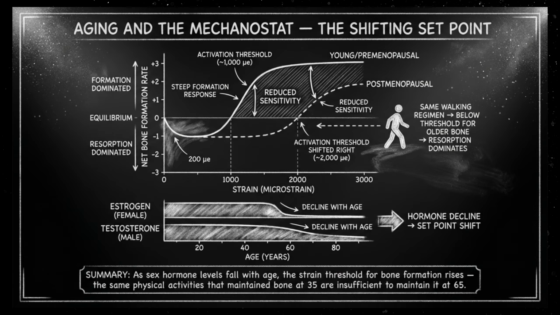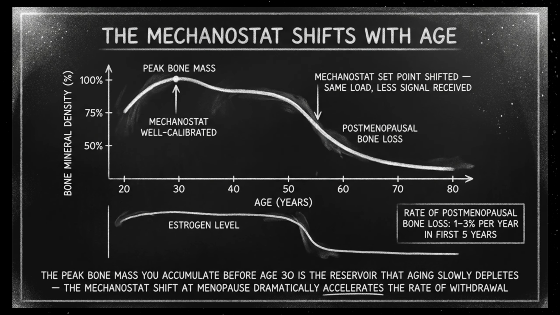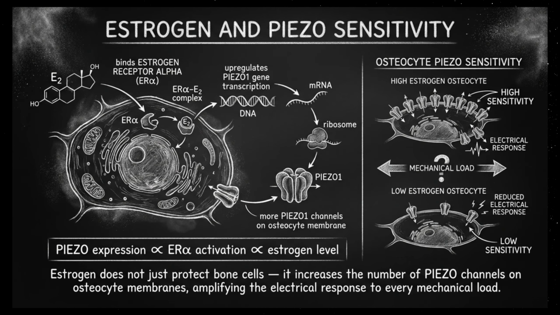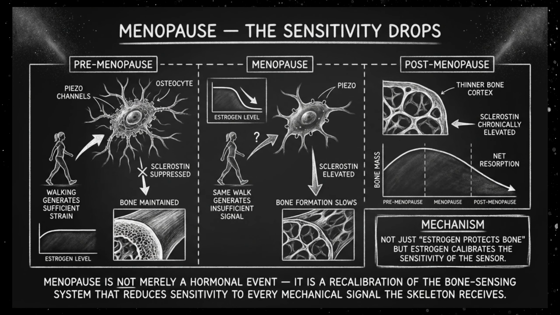He called this observation the law of bone transformation, but Wolff had no mechanism. He had the consequence without the cause, pattern matching between engineering calculations and histological sections, with nothing to explain how a cell inside mineralized matrix could possibly know which direction to grow. The mechanism would take another century to begin to be filled in.